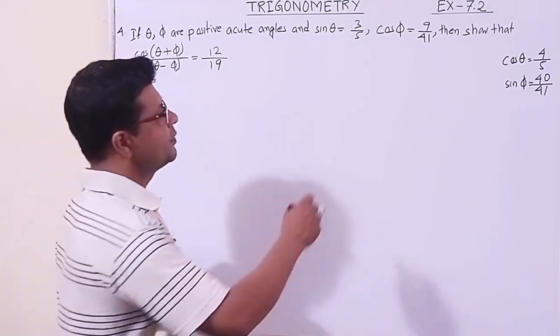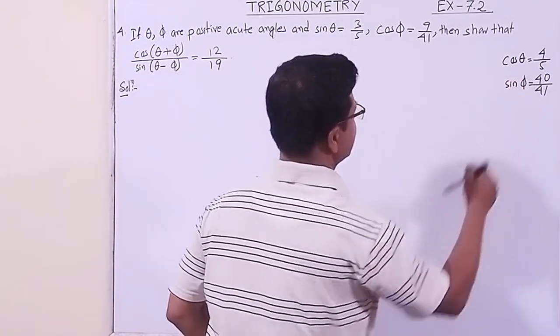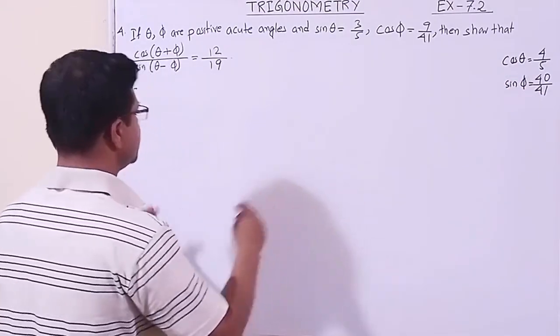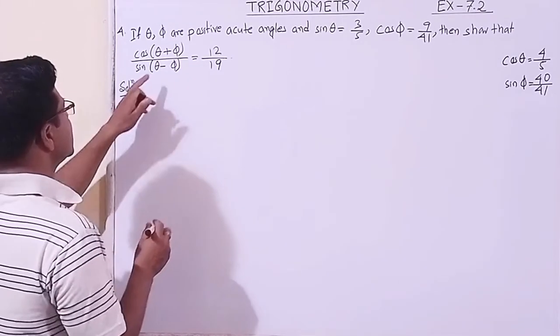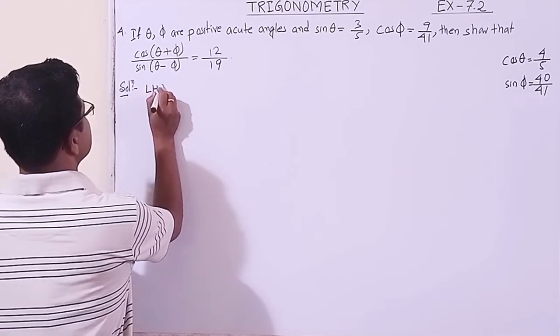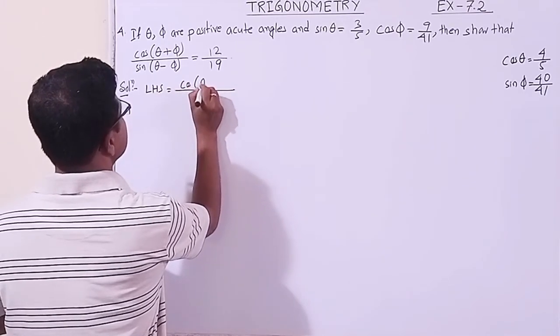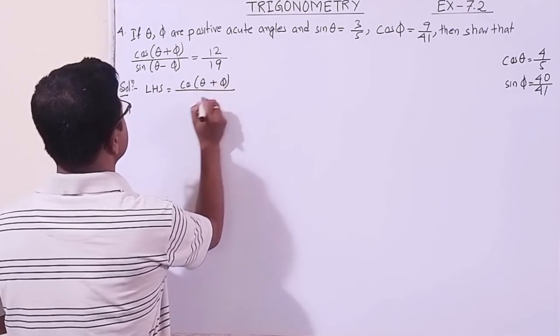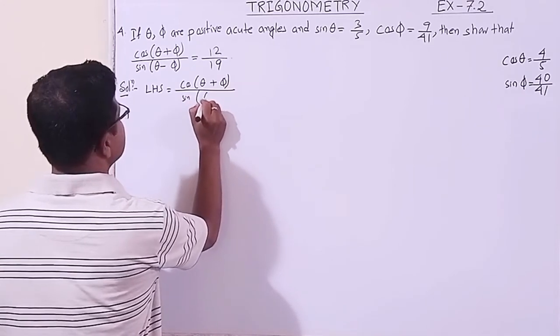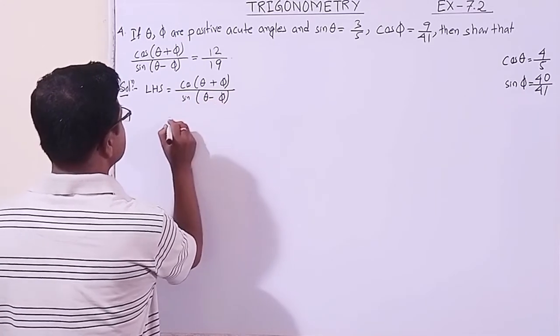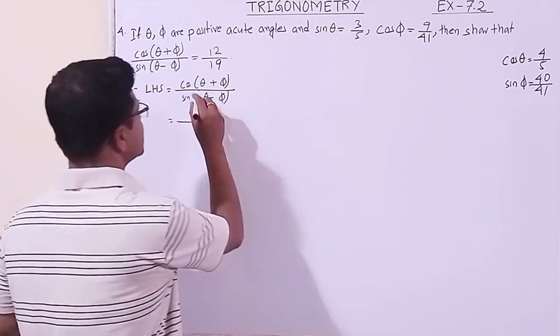Dear students, just now we have found the values of cos theta and sin phi, and we have written them there because space is required. Now what will we do? Let us take the left hand side. What is there in the left hand side? It is cos of theta plus phi divided by sin of theta minus phi. So this is of the form cos of a plus b.